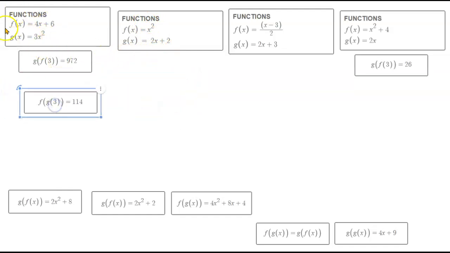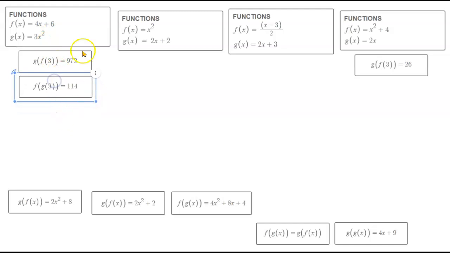Let's just start here again. 3 times 3 is 9, times 3 is 27. 27 times 4, if my calculator will work, is 108 plus 6 is 114. So there we go. That's a set.